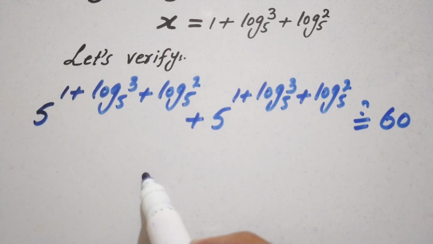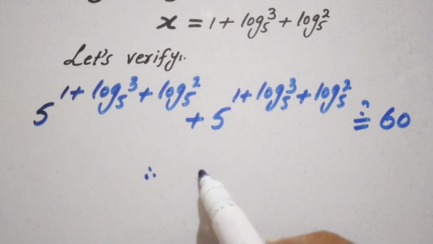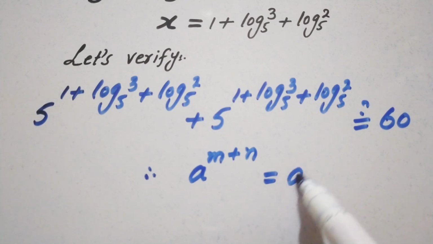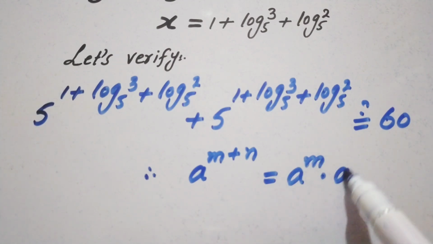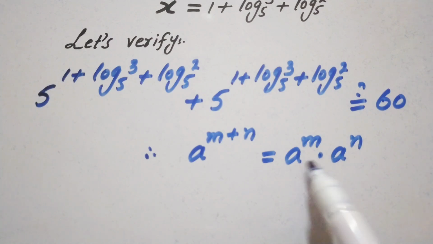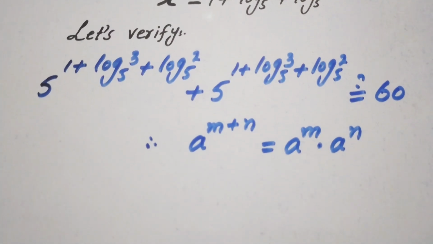Now here we will use an algebraic identity: if we have a power m plus n, this is equal to a power m multiplied by a power n. Or we can say that when the bases are the same and multiplying each other, their powers will be added.